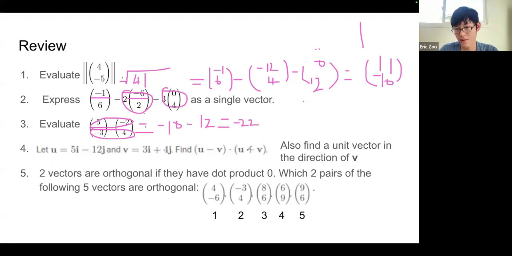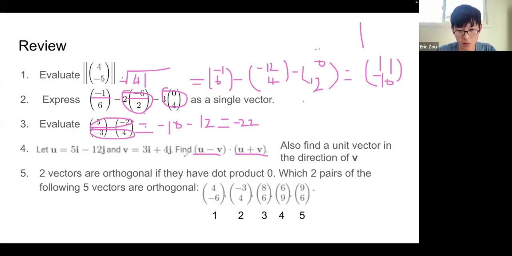And for this one, you technically have 2 ways to do this one. I'll do it in one way first. Actually, I'm going to go over both ways. So here we have, the first way is we just find u minus v and then find u plus v and then multiply them using a dot product together. So u minus v is 5i minus 12j and then minus 3i plus 4j.